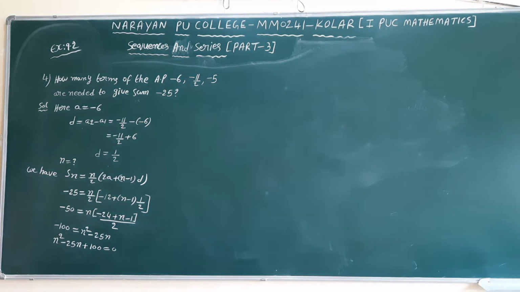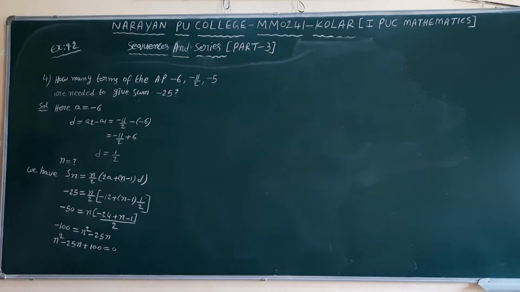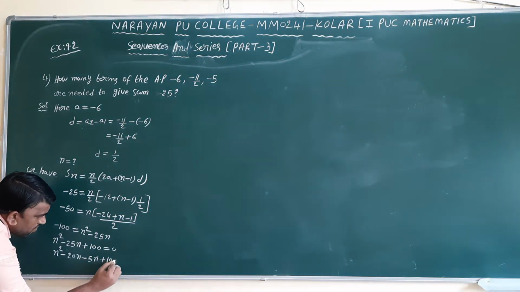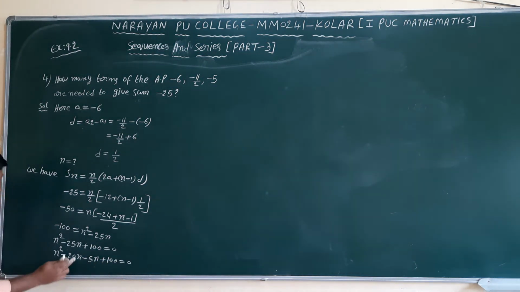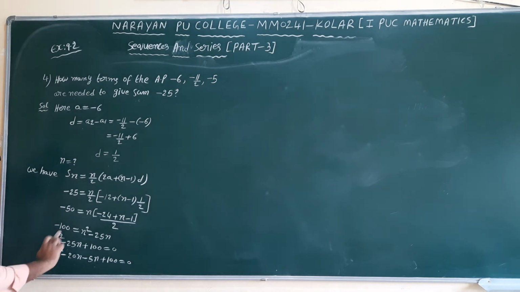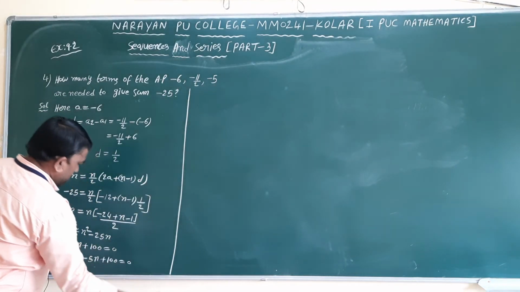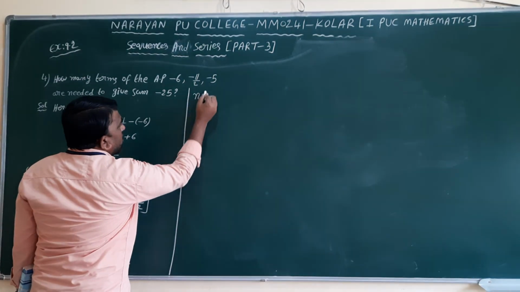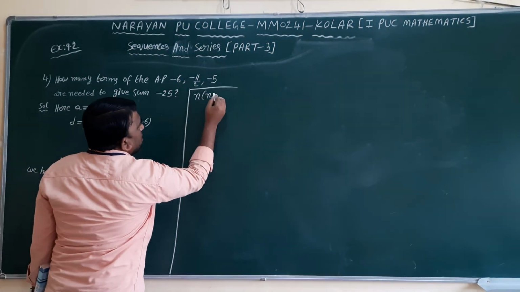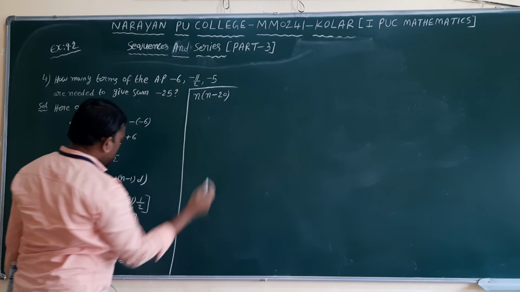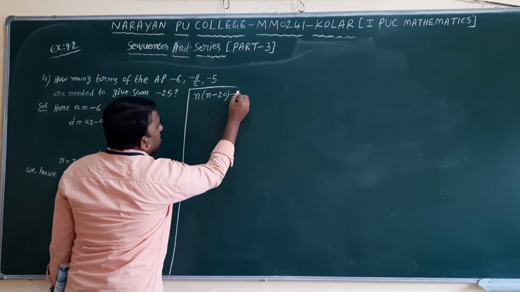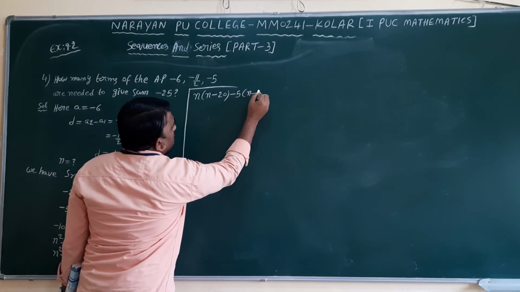This we can split as minus 20 and minus 5: n square minus 20n minus 5n plus 100 equal to 0. When adding, we need to get the middle term, and when multiplying, we need to get the extreme product. Like that, we split the middle term. Now take n common: n minus 20, and take minus 5 common, n minus 20.